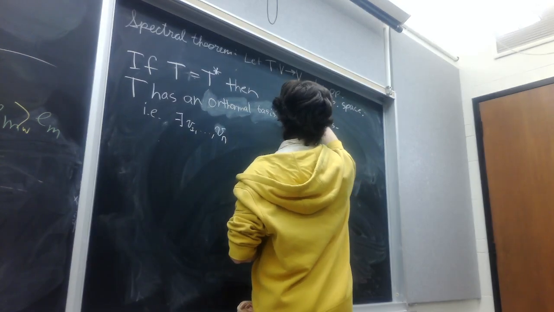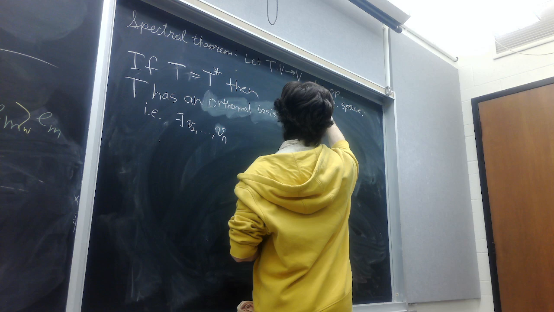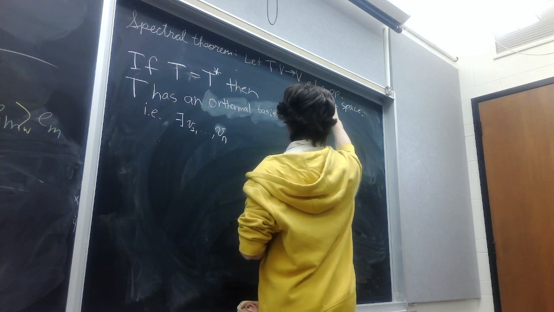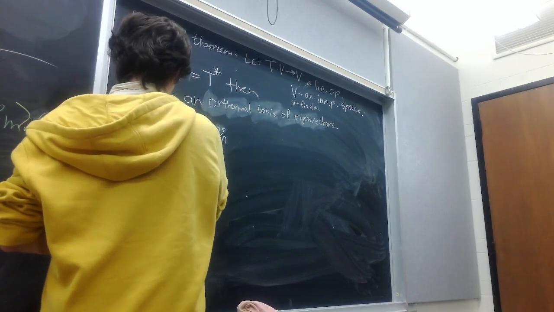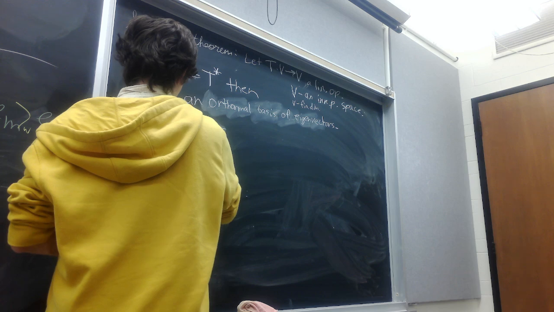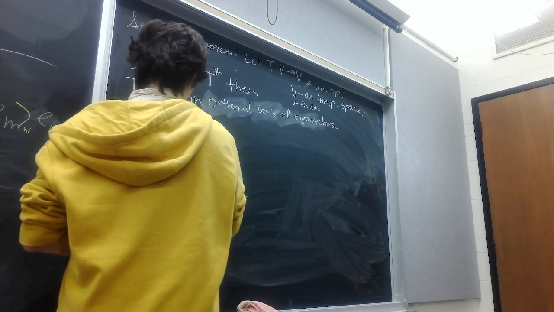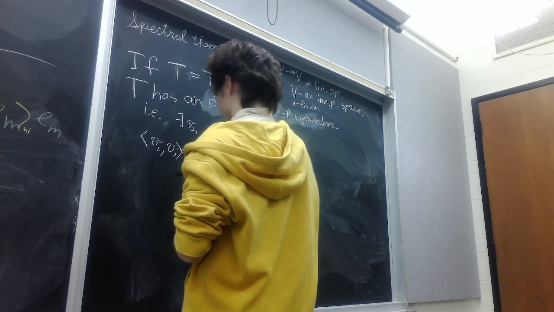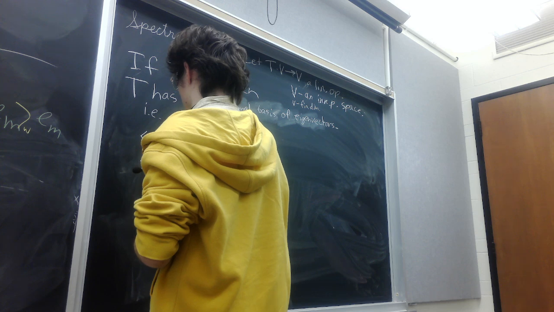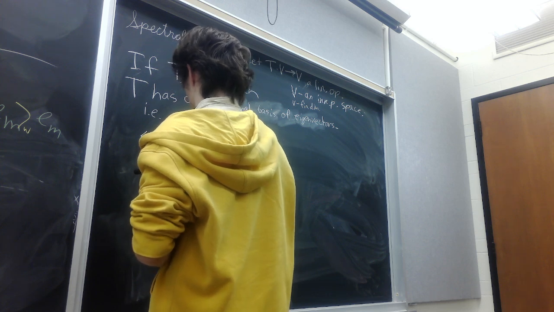V is finite dimensional. This is important. There exist v1 up to vn such that the inner product of vi with vj equals 0 for all i not equal to j, and the inner product of vi with vi is 1.